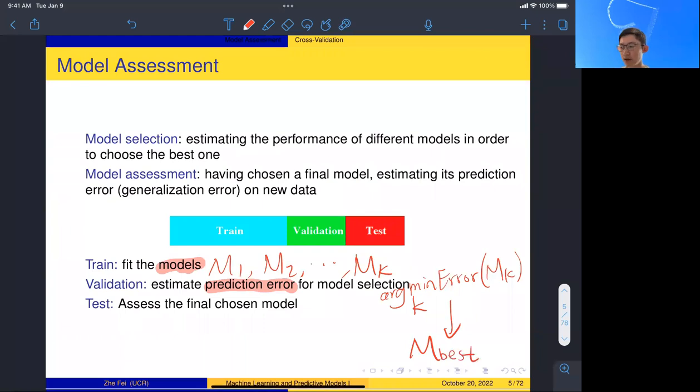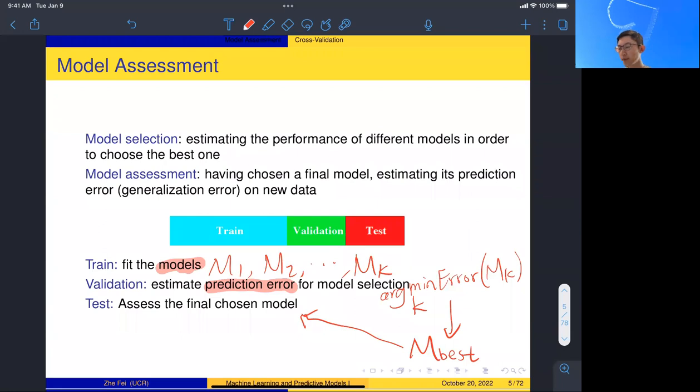M best is your final model, and you could apply it to any future data, or the test data, that is independent from your training and validation. So your test data is some external or future data set that you could apply your final model to.